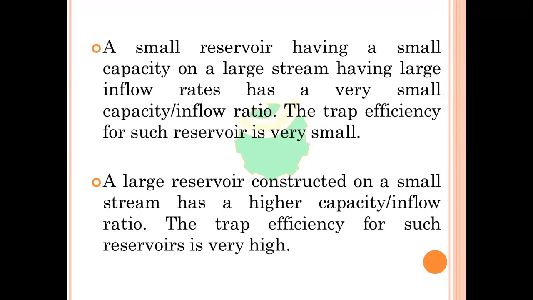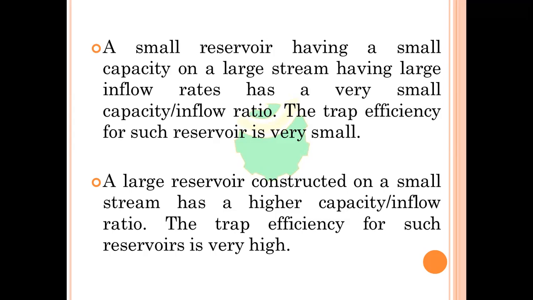Next, you can check how the trap efficiency affects the reservoir. We have two case studies considered here. First case study: on a big river, a large stream, construct a small capacity reservoir. There, the capacity inflow ratio is very small because the reservoir capacity is small, say 50.